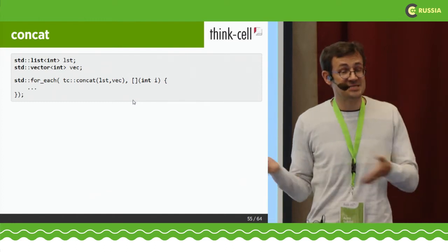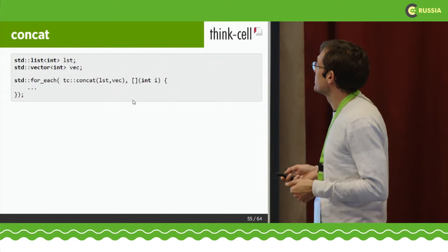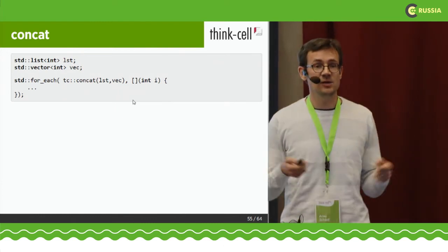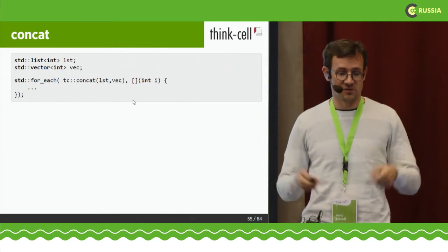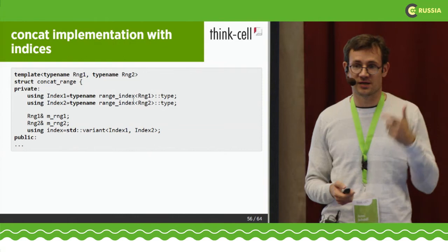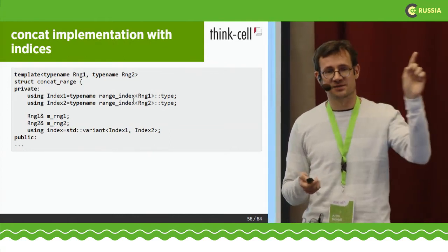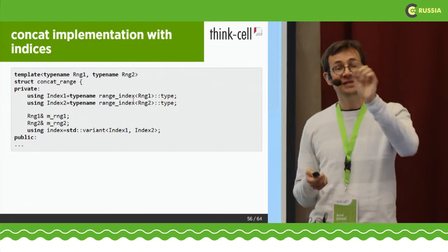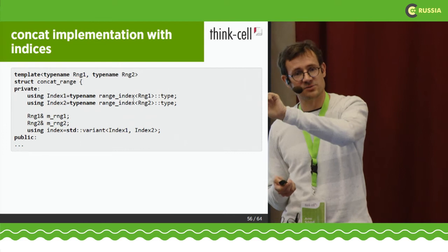Now, does this do things in a better way than before? Here's another example: concatenation. Say you want to concatenate two ranges and then do a for_each over them. If you do a concatenate of two ranges with iterators, actually it's not so simple, because essentially your iterator that's inside the concatenated range needs to know, am I still inside my first range or am I already in the second range?